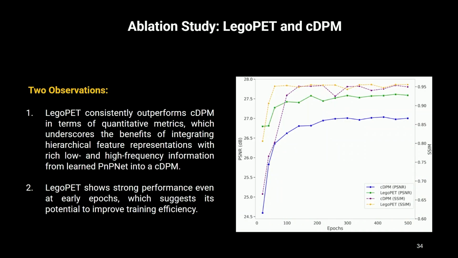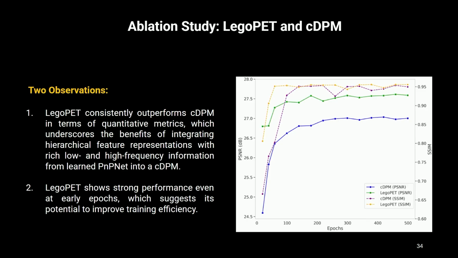So we also conduct an ablation study to further show the effectiveness of our guidance in improving the performance of CDPM. We compare the LogoPET and the CDPM performance every 20 epochs in terms of PSNR and SSIM over a total of 500 epochs. Here are our 2 key observations.